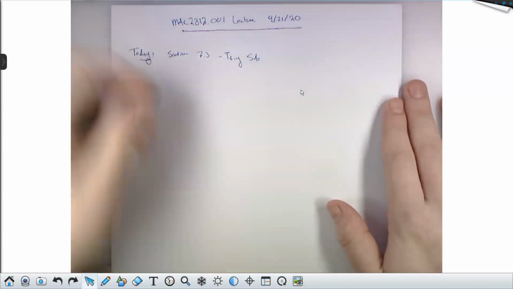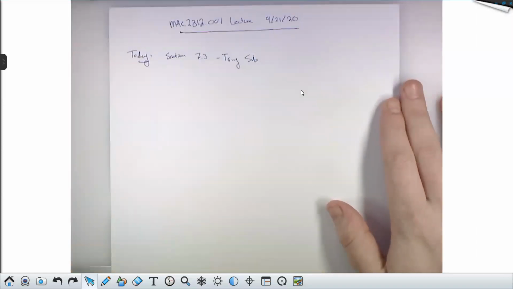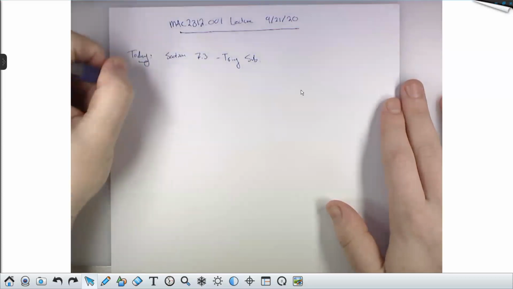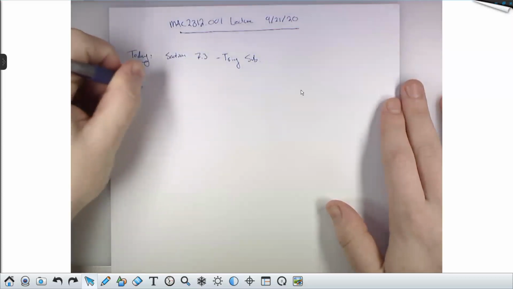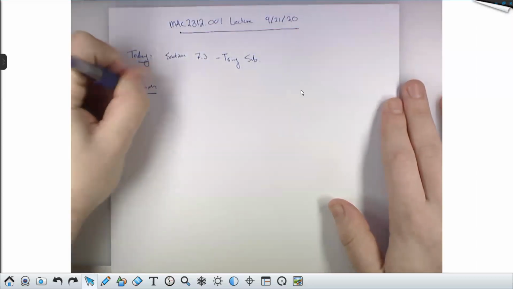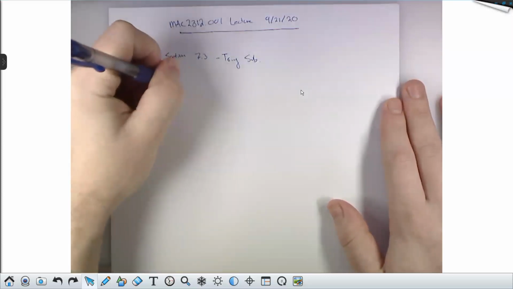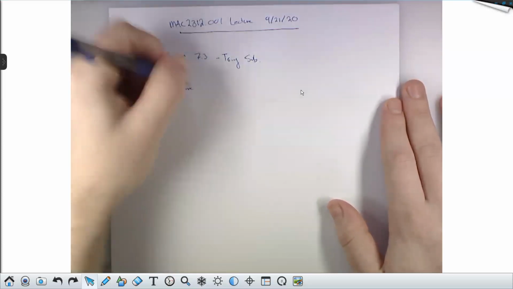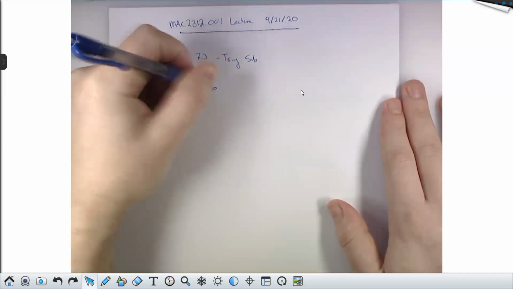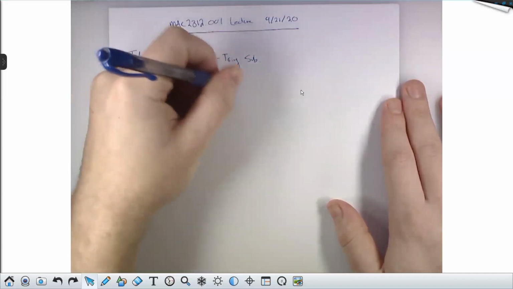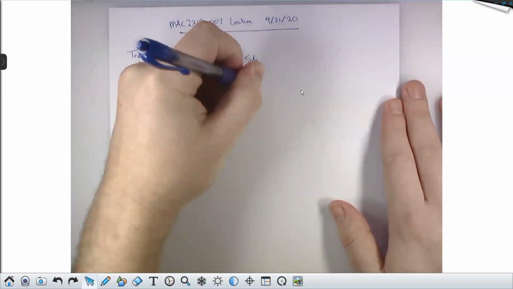So we introduced the setting in which you would want to do Trig Sub, the kind of motivation. Square roots loathe addition and subtraction.